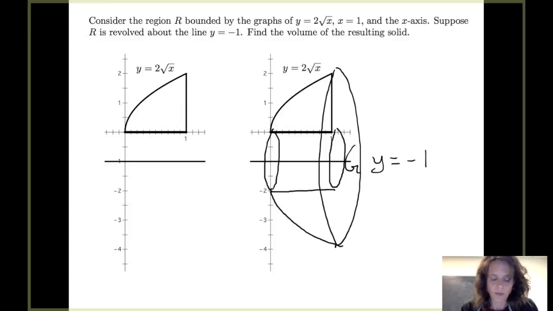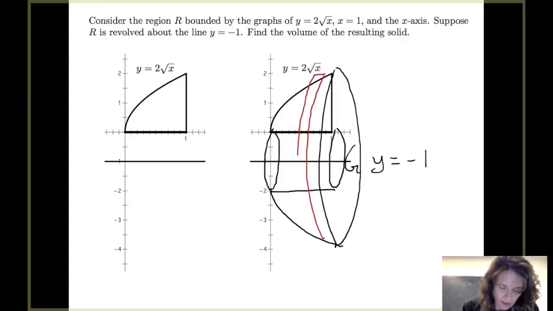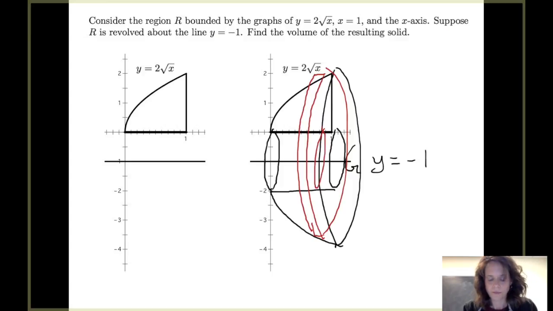And you can imagine that as we make slices that are perpendicular to the x-axis, those slices are going to look like washers. So that's what we'll do next.